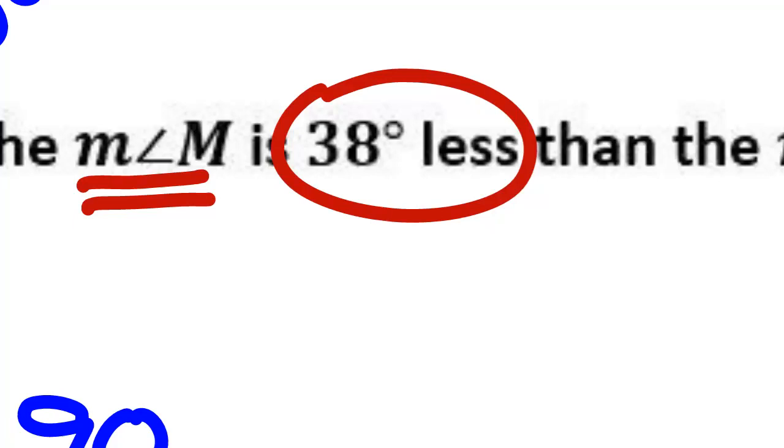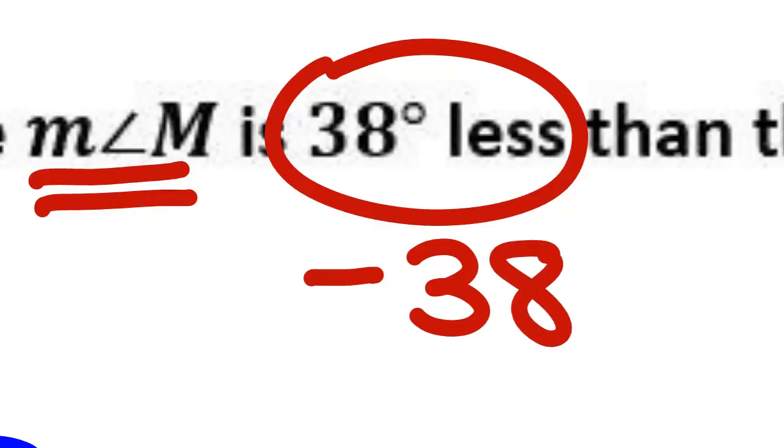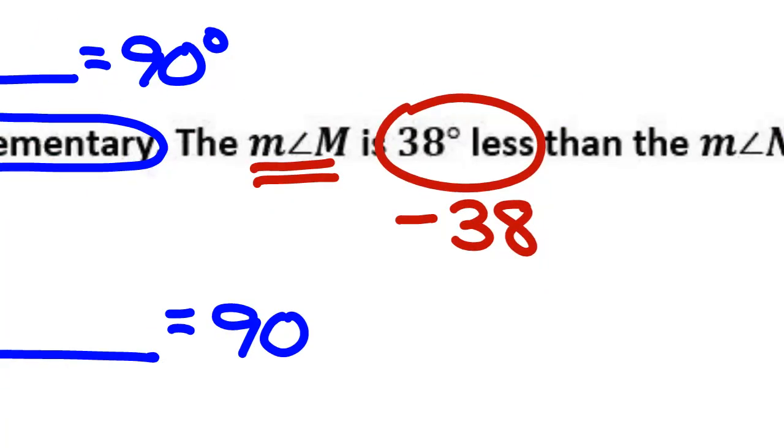This is another spot where we had a little bit of confusion. 38 less than means I'm going to do minus 38, not 38 minus. Where the subtraction sign goes matters, and it will drastically change your problem. If you're struggling to remember, is it 38 minus or minus 38, turn it into a money problem.